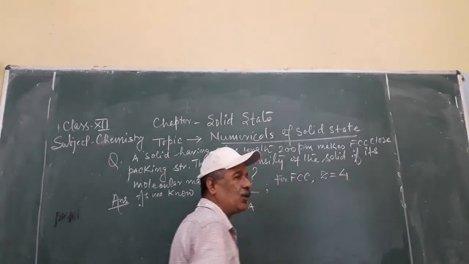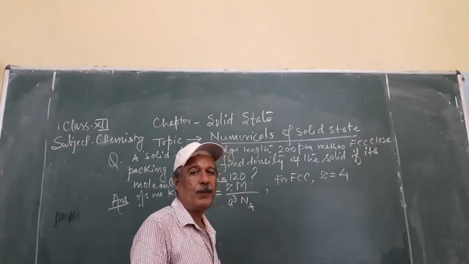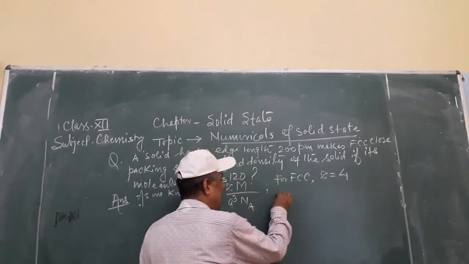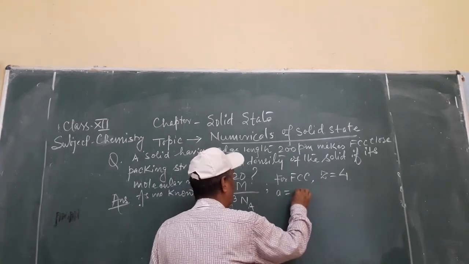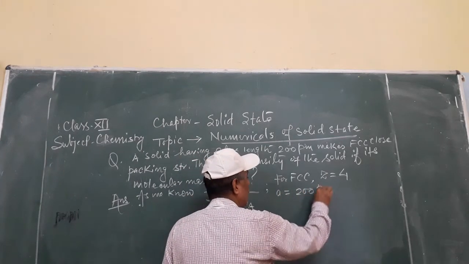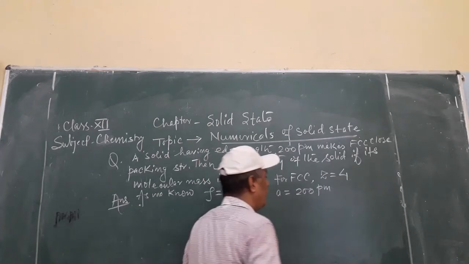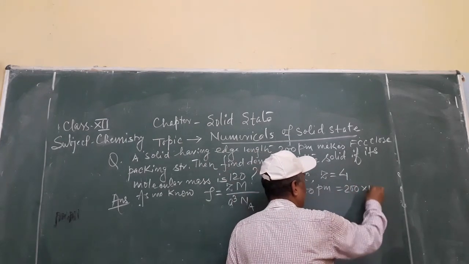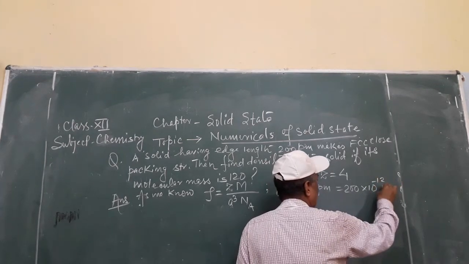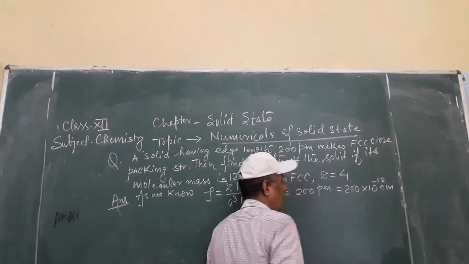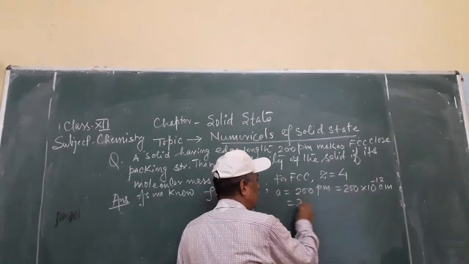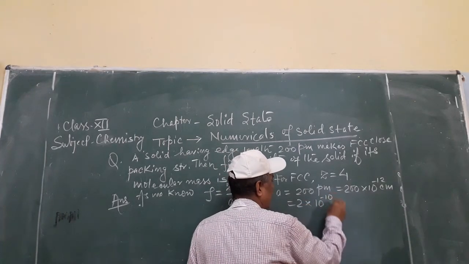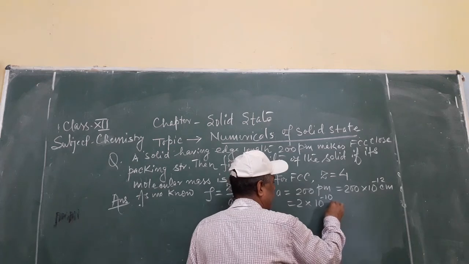It is already known to us from when we were studying the topic rank of the unit cell. Now a is equal to 200 picometer, which means it is 200 into 10 to the power minus 12 meter, so 2 into 10 to the power minus 8 centimeter.